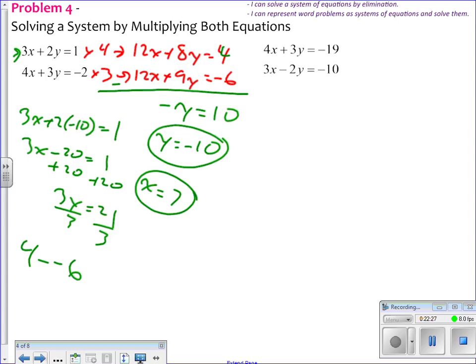So if I multiply the top equation times 2 and the bottom equation times 3, 2 times the top one, 8x plus 6y equals negative 38. Multiply the bottom one by 3, I get 9x minus 6y equals negative 30.